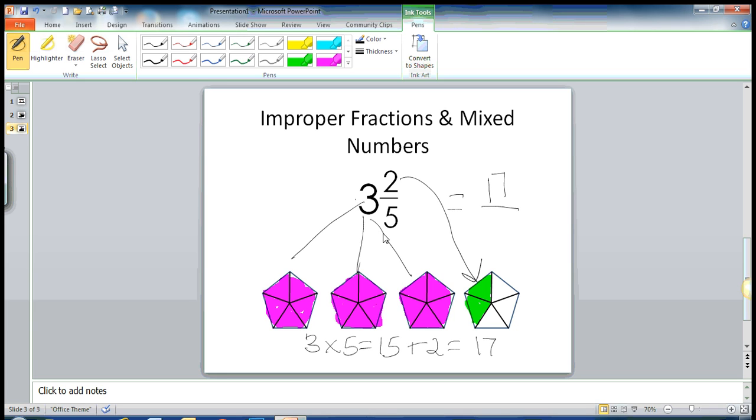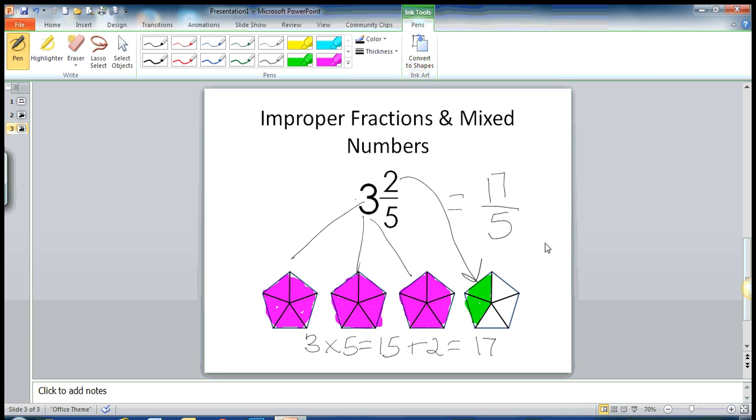And again, what stays constant always remains the same. Our denominator. Very good, because there are 5 parts to every model. So 3 and 2/5 is equivalent to 17/5, meaning I have 17 total pieces shaded, and each model that I shaded in has 5 total parts to it.